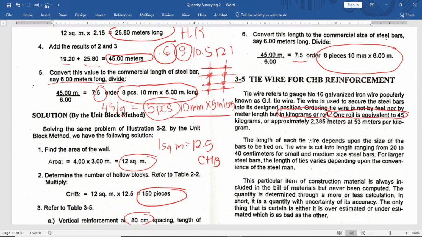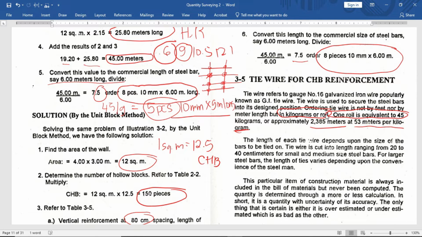Or approximately 2,385 meters at 53 meters per kilogram. So, one roll is equivalent to 45 kilograms or approximately 2,385 meters at 53 meters per kilogram.